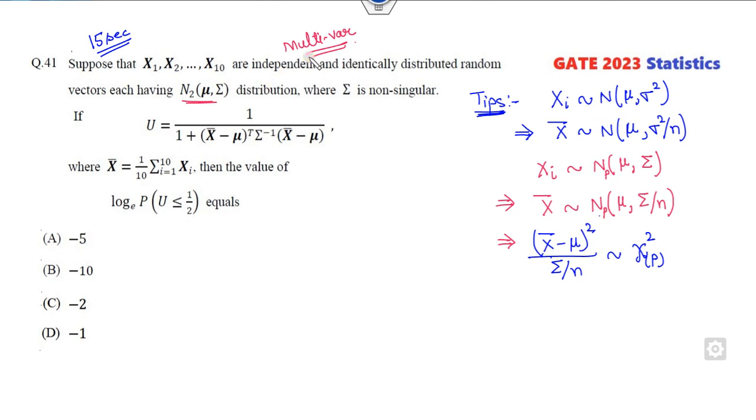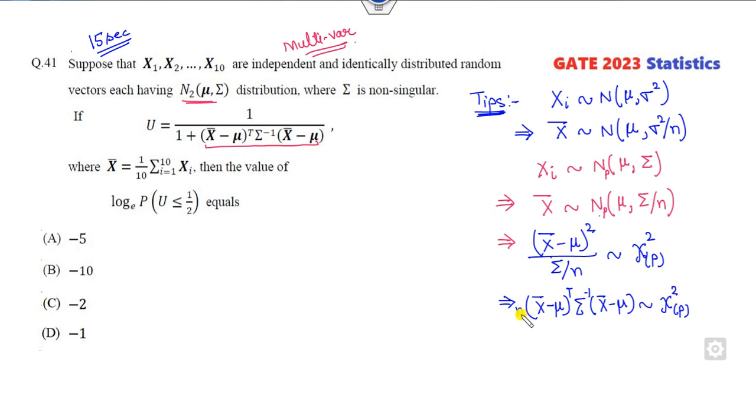Now since it is multivariate, instead of this square, I can write this form as x bar minus mu transpose, sigma inverse, and n I can multiply by this. So it follows my chi-square distribution with degree of freedom p. Now you can see that it is similar to this kind.